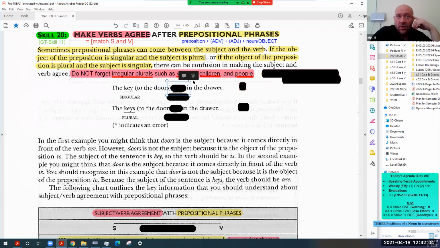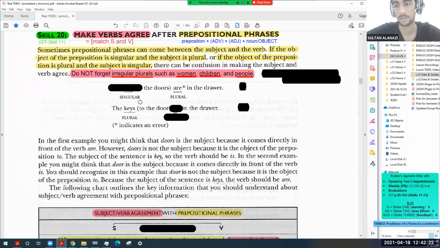That's right. So I need to put are? No, I shouldn't put are. What if I do this? Let me cover this up. What about now? Yeah, it's correct now.